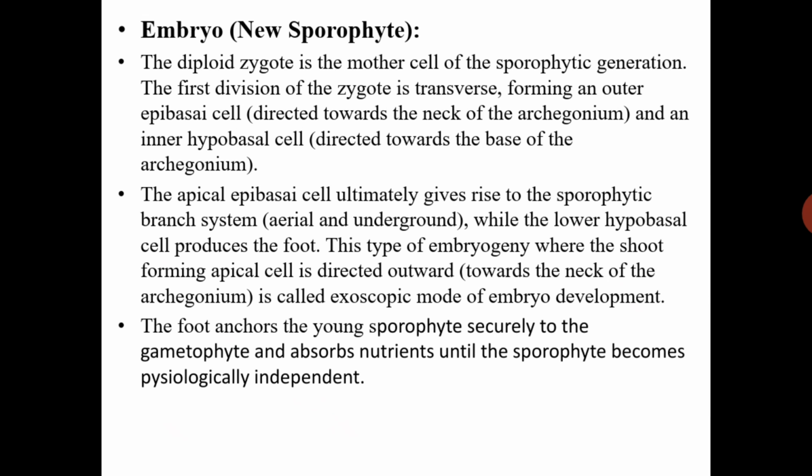The apical epibasal cell ultimately gives rise to the sporophytic branch system, while the lower hypobasal cell produces the foot.